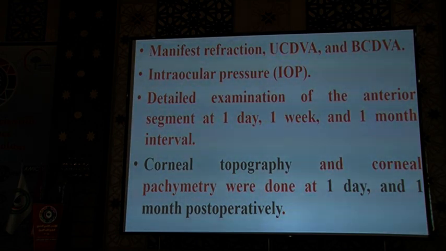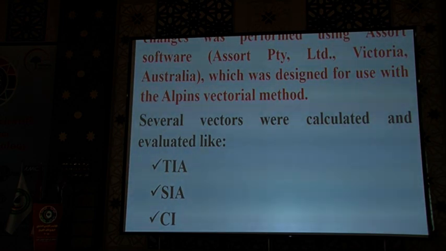Postoperatively, also the usual evaluation, except we add another corneal topography to assess how our procedure affects corneal astigmatism. During analysis of our results, we depend on many factors, including target-induced astigmatism, which is the intended astigmatism, usually equal to the preoperative astigmatism, and also surgically induced astigmatism.